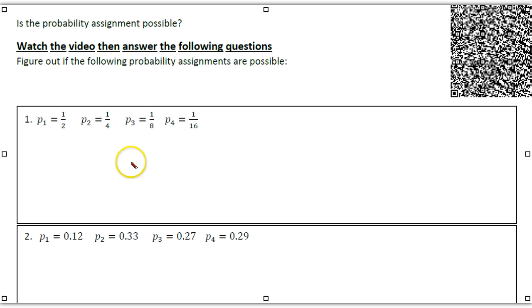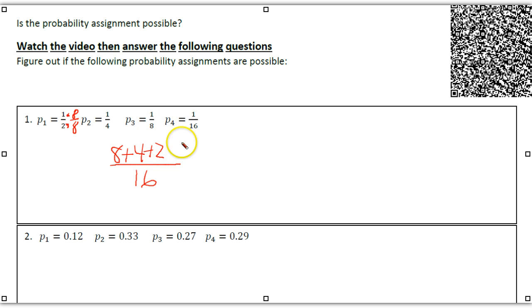Now for these, we mentioned this a little earlier. Do these add up to 1? Well, we have a common denominator here of 16, and to make it 16, we're going to multiply it by a 1 in the form of 8 over 8. So this is 8. Going to multiply this one by 4. So this will be 4. Multiply this by 2. So this will be 2.